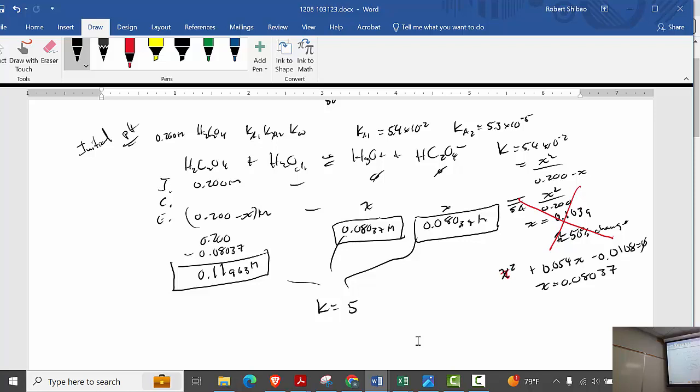And I get a K value of 5.399 times 10 to the minus 2. And so that checks out here. So it looks good.